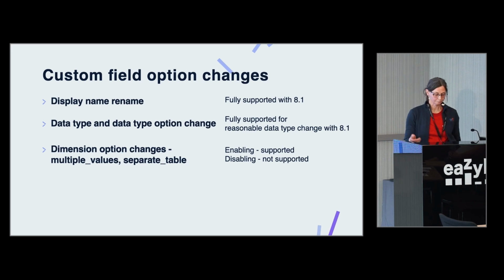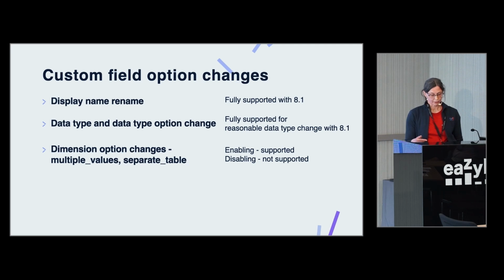Typically, for some fields, this was not fully supported, and duplicated dimensions were created. With 8.1 or Cloud currently, it will automatically rename correctly in reports and in dimensions and how they are used in reports as well.